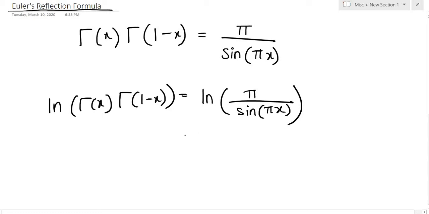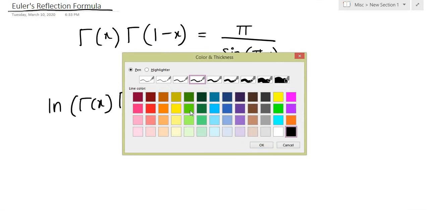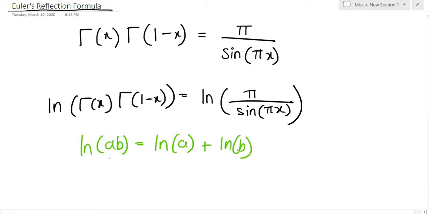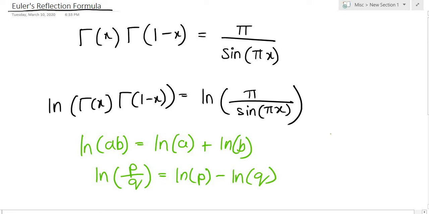Now we can use certain properties of logarithms. I'll remind you again, as I do in most of my videos, that if you have the natural log of a times b, you can split it up as the natural log of a plus the natural log of b. And if you have a quotient, say the natural log of p over q, that can be written as the natural log of p minus the natural log of q.